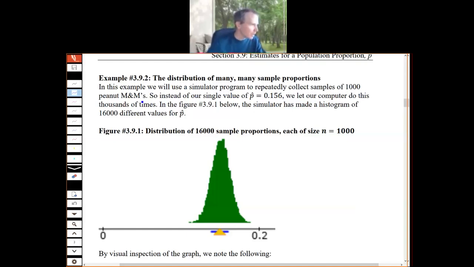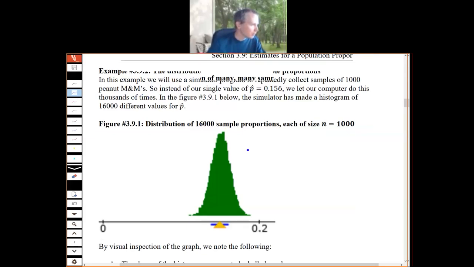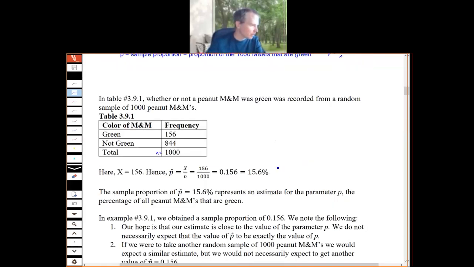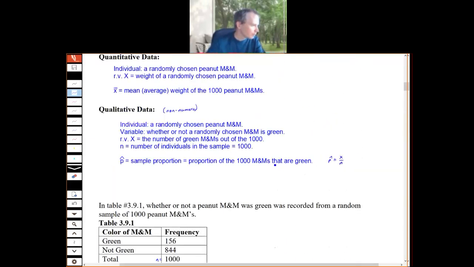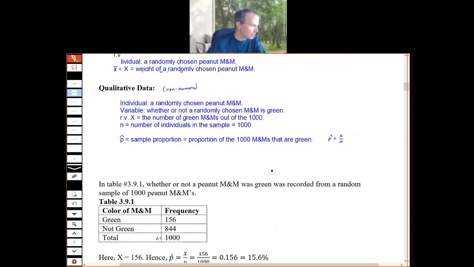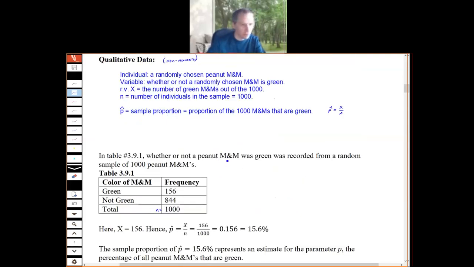Okay, and if you remember back to our earlier example, our goal was to take 1,000 M&Ms and we could record the weight for each, and then we could record whether or not each one was green.